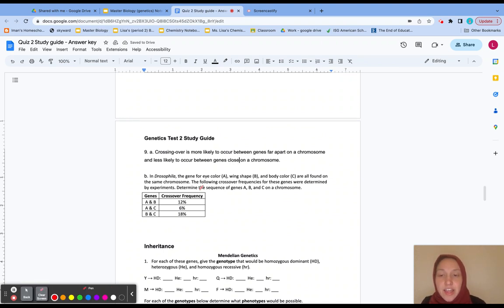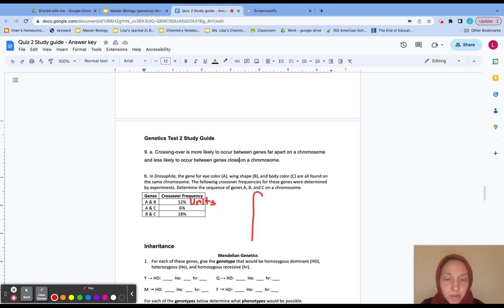And so in fruit flies, Drosophila, the gene for eye color is A, wing shape is B, and body color is C. And they're all on the same chromosome. So these are the likelihood that crossing over will happen between them. We can almost think of them as units, instead of percentages. We can almost say, oh, this is like 12 units away. So we can think, okay, gene A and B are like 12 units apart.